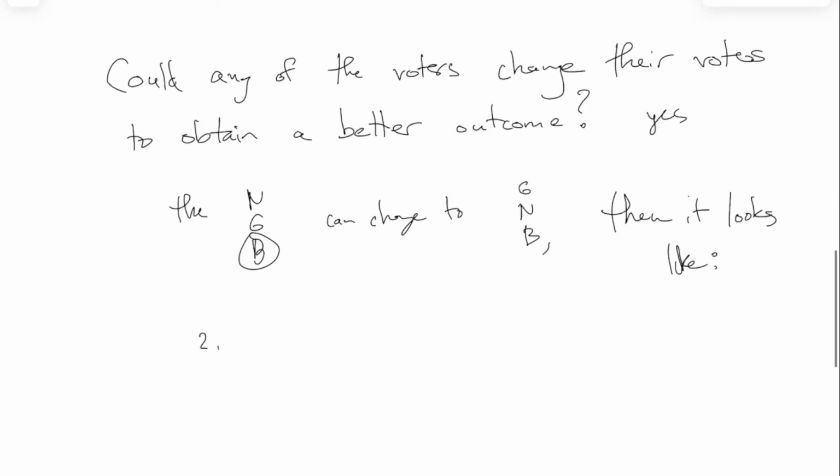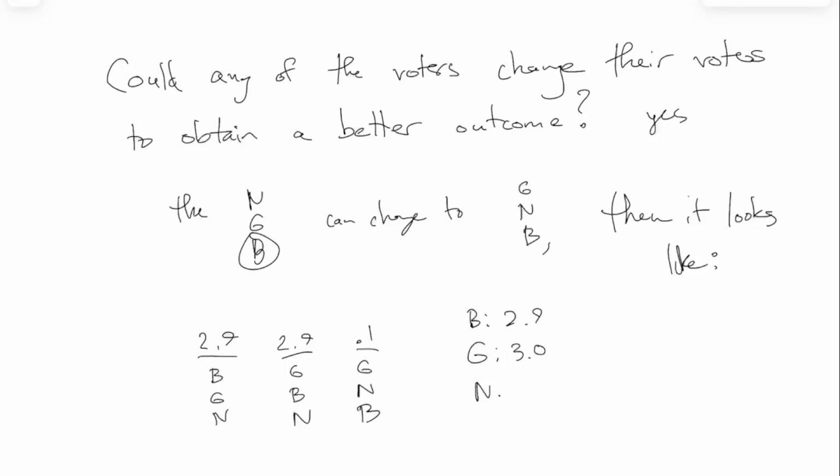After you make that change, the election now says 2.9 million Bush, Gore, Nader, 2.9 million Gore, Bush, Nader. I didn't change those. But then this one, 0.1, Gore, Nader, Bush, right? And now when we add up the plurality, we get Bush 2.9, Gore 3.0, Nader 0. And now Gore wins.